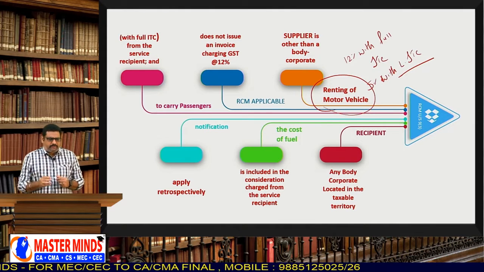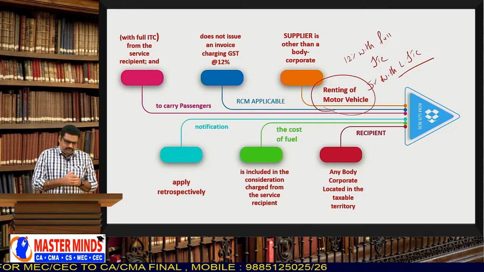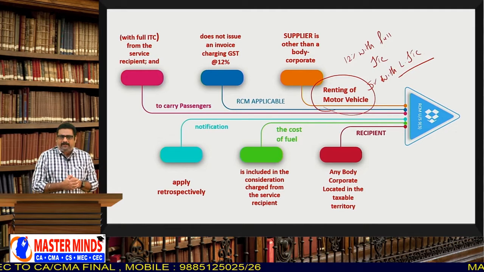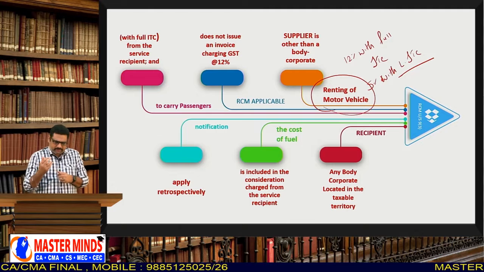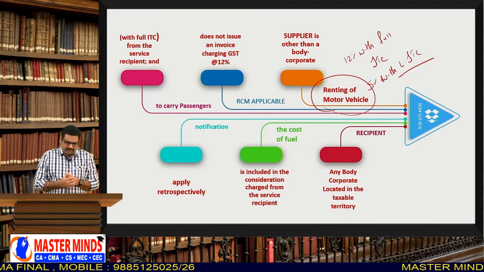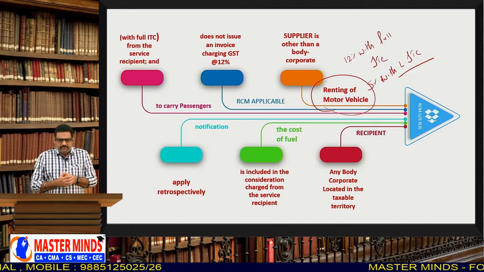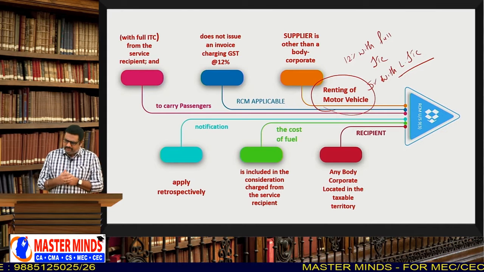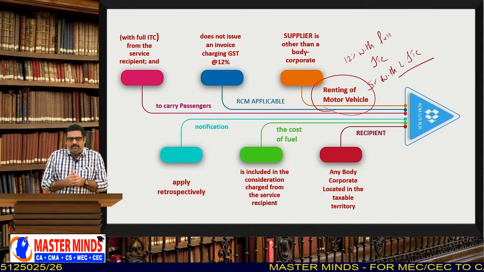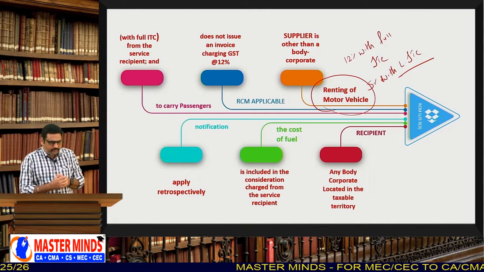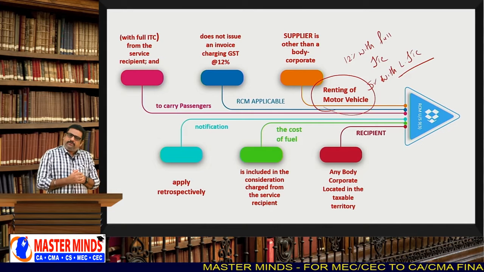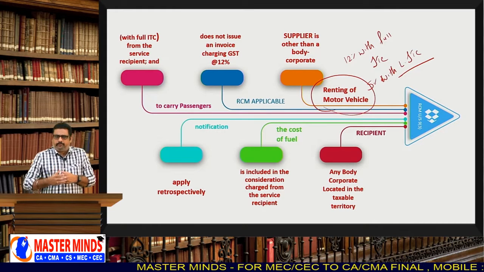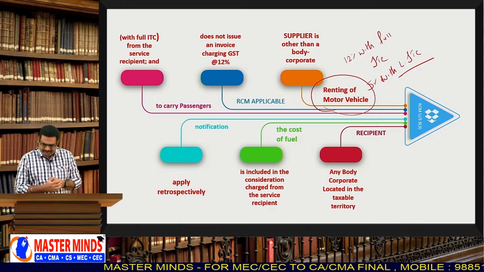Renting of motor vehicle designed to carry passengers is covered under section 9 subsection 3, and in that there are two options for the persons. Option 1, 12% tax will be paid and full ITC can be claimed, and the other is 5% with limited ITC. So it is up to the supplier or recipient which option they want to take.